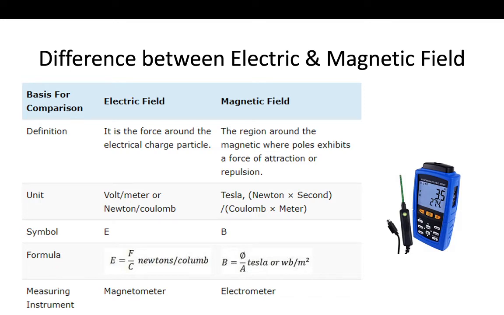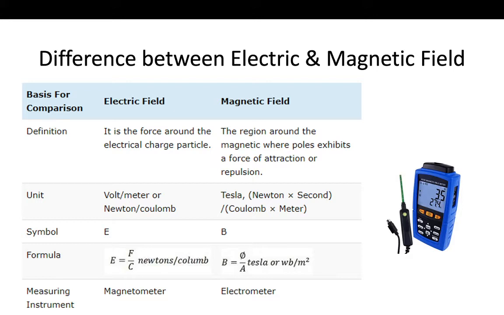Now let's talk about the difference between electric and magnetic fields. So we are comparing. First will be the definition. The electrical field is the force around an electrically charged particle. It can be a positive or a negative particle, while the magnetic field is around the magnet or poles, and it can be a force of repulsion or attraction.